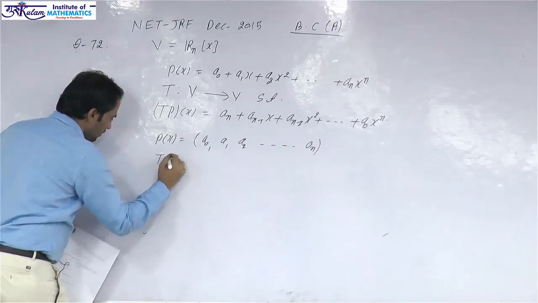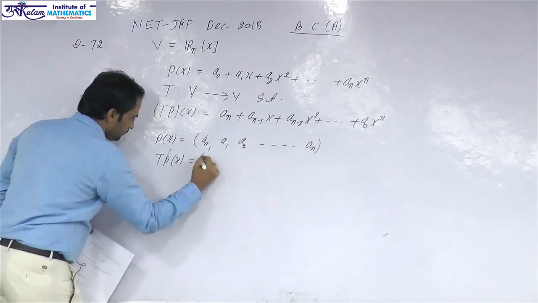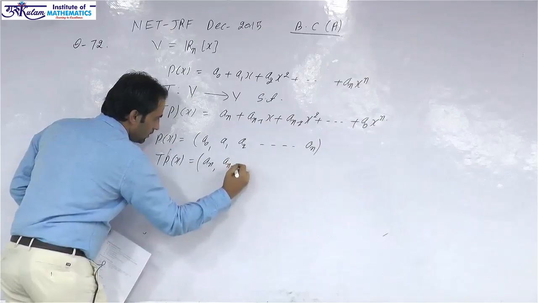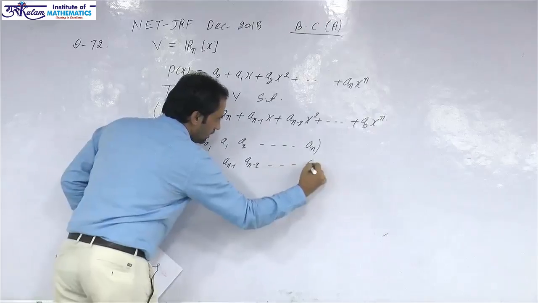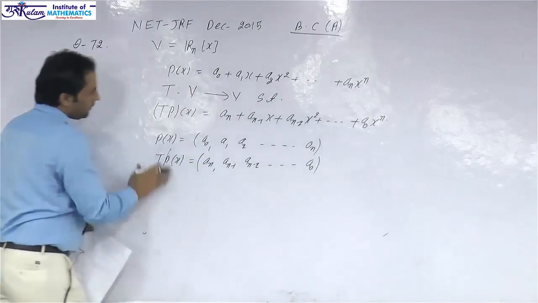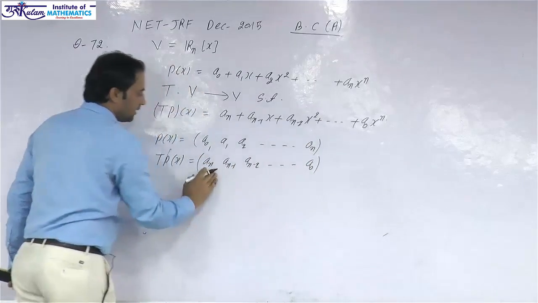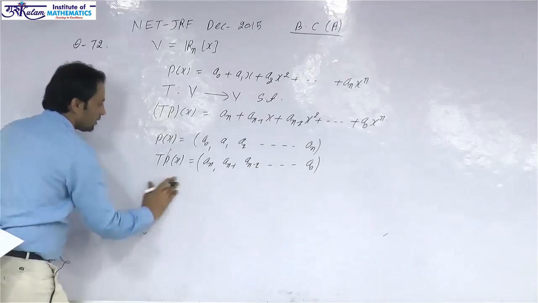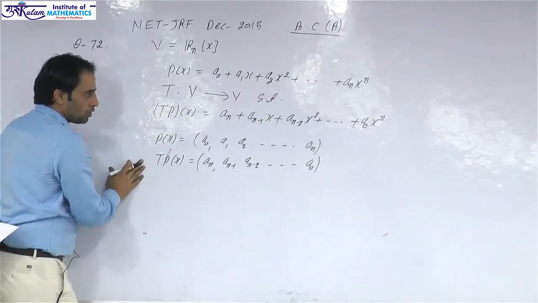Then T of P of x is simply an, an minus 1, an minus 2 and so on, a naught. So basically we are permuting n plus 1 symbols and rearranging them. So this transformation or operator is again a permutation operator.